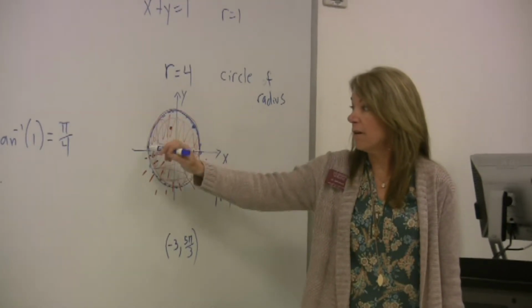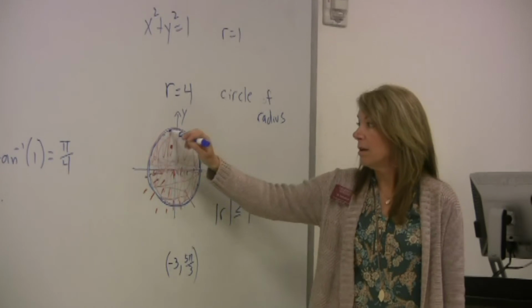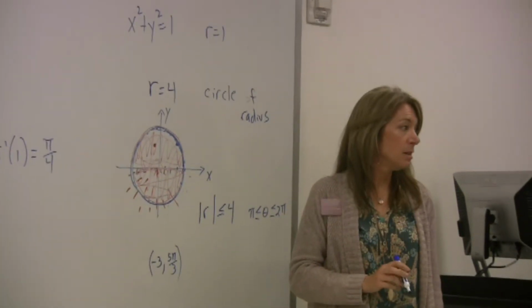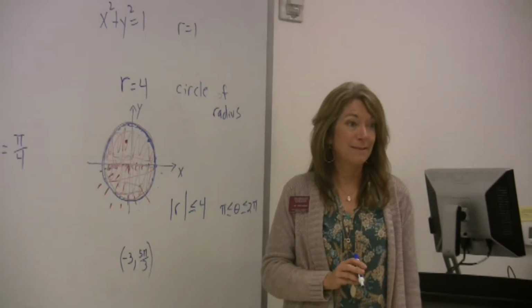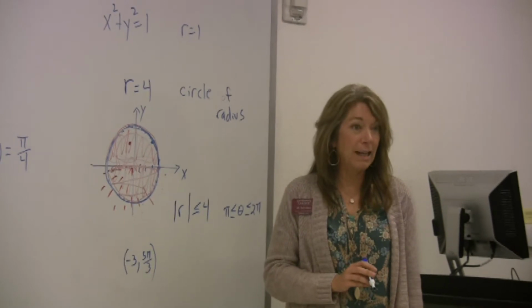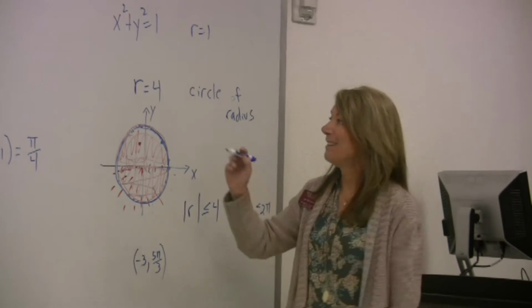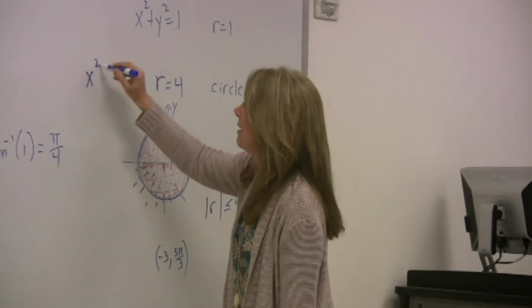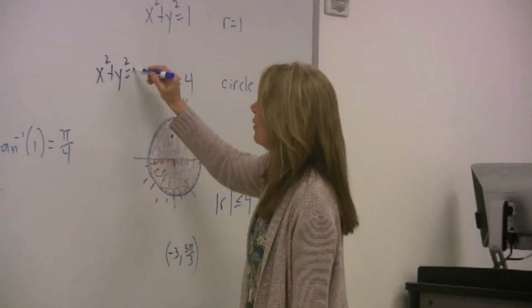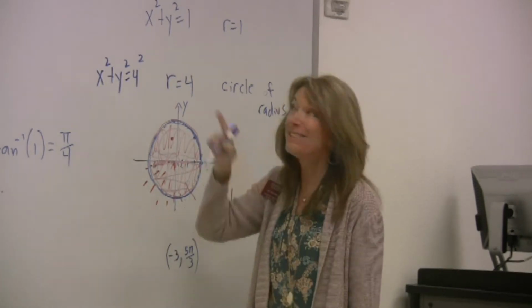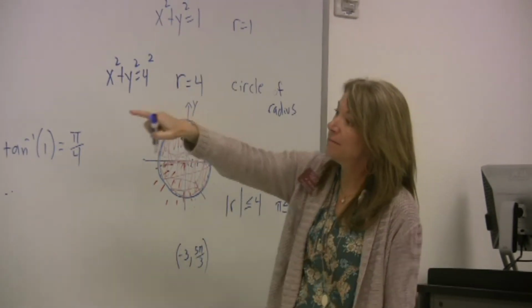What's the equation? If r equals 4, the Cartesian equation is the equation of a circle with radius 4. You knew this before you learned polar. x squared plus y squared equals 4? Close. x squared plus y squared equals 4 squared, right? r squared, r squared.